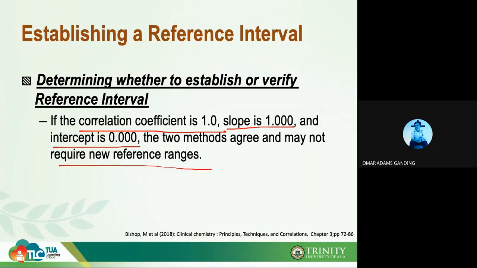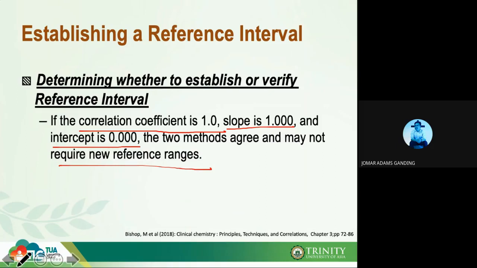Take for example, there are two reference ranges that you are trying to compare. Am I going to change it or not? If this is the case, 1.0 and an intercept of 0, meaning there is no significant difference between the reference range that you are trying to impose today compared to the older one that is already being used.